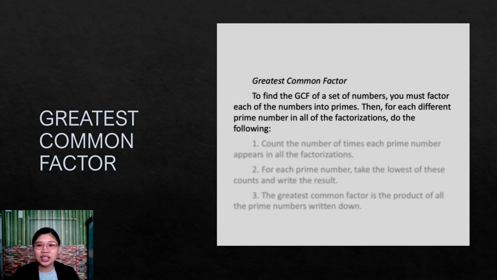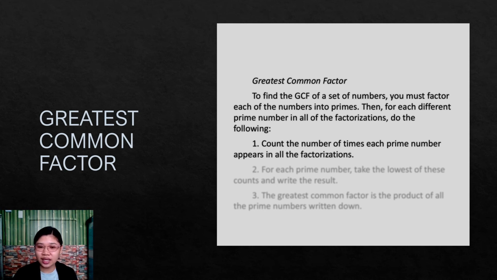To find the GCF of a set of numbers, you must factor each of the numbers into primes. Then, for each different prime number in all of the factorizations, do the following. So, here's my suggested method. First, count the number of times each prime number appears in all the factorizations.